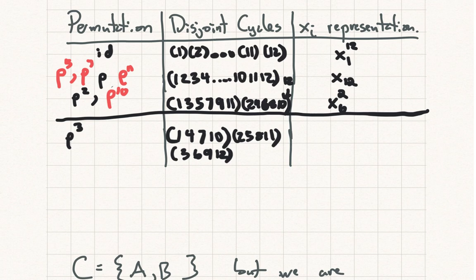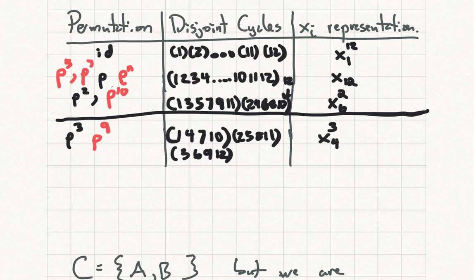So our representation by variables is going to be x4 cubed, since we have 4 cycles. That's great. And with similar logic to before, the other rotations that have the same cycle type are going to be rho to the 9.